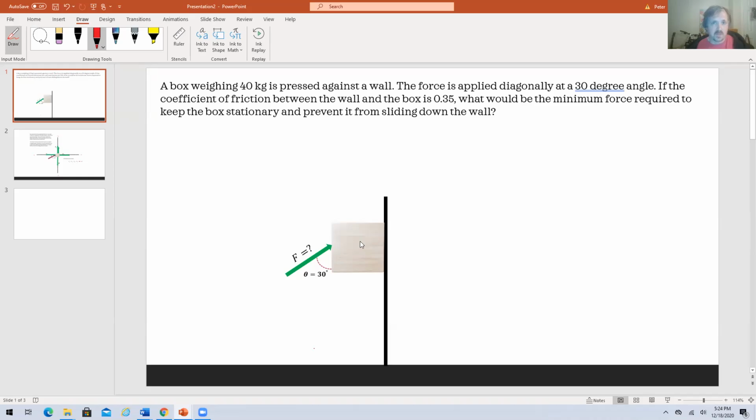We should know what they should all equal when we sum them, and then knowing that, we can create an equation that will allow us to solve for the variable that we don't know, which in this case is F. So what we're asking here is what F has to be in order to prevent this box from moving.